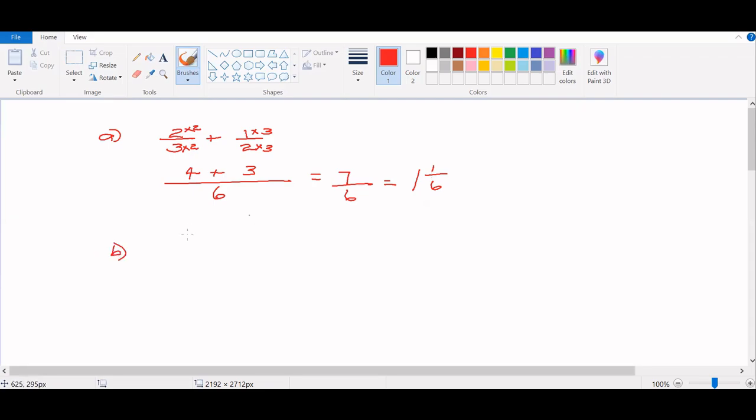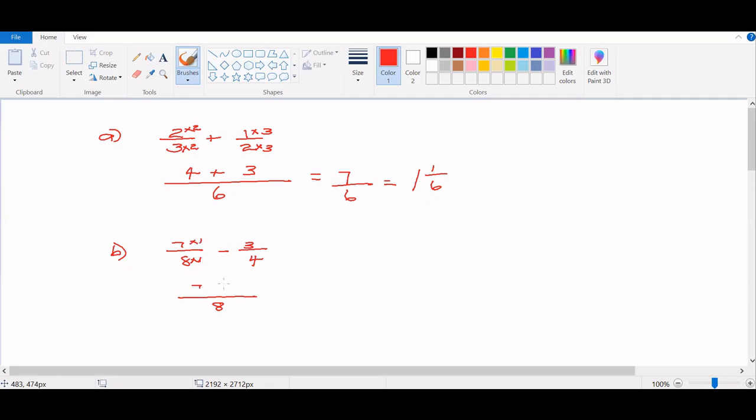B asked us to find 7 over 8 minus, so we're doing a subtraction, 3 over 4. And again, in this case, our denominators are different. And the lowest common multiple here is 8, right? So I don't have to do anything to this denominator. So I don't have to do anything with the numerator.